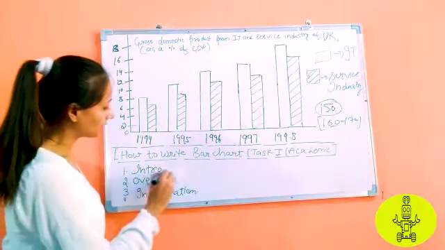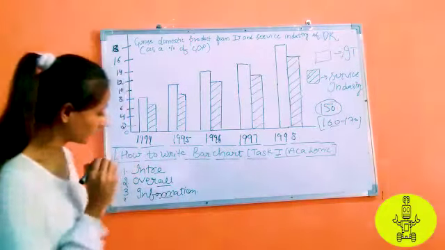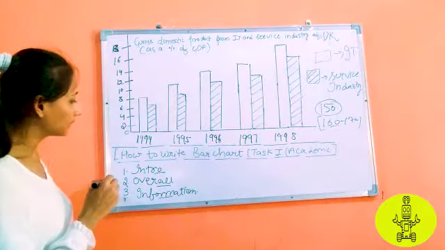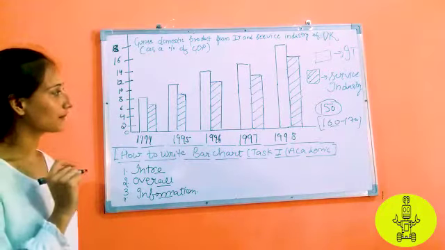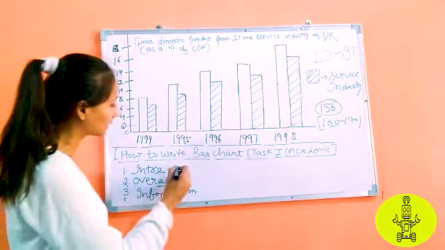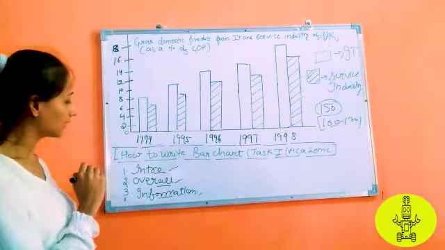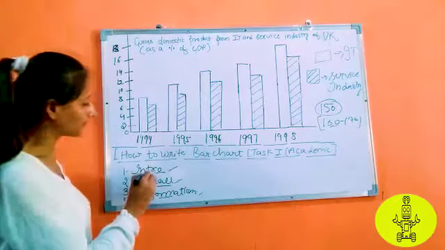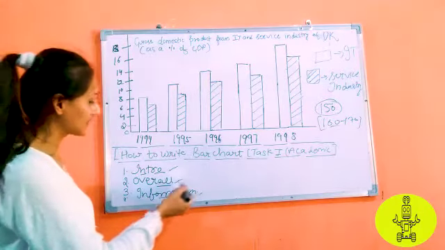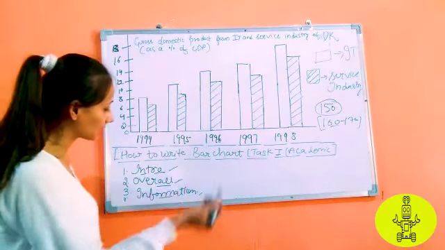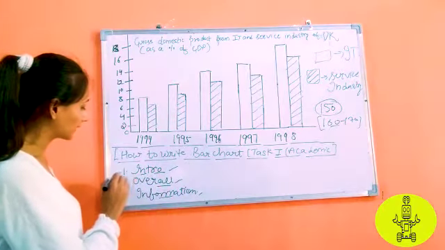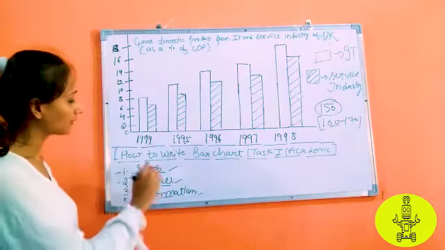So we need to make 4 different paragraphs. First thing you need to remember is that all these paragraphs should be interrelated with each other. It doesn't mean you start the first paragraph with an intro and the second paragraph starts from somewhere else. That would be a break. So you need to be in a flow.